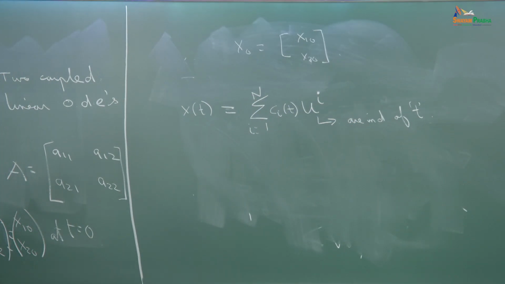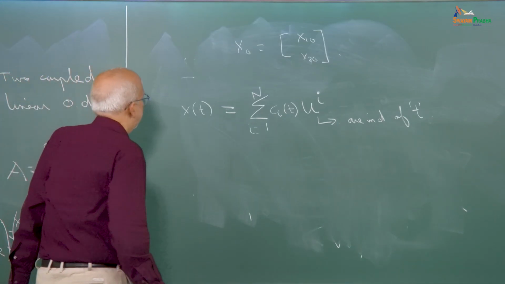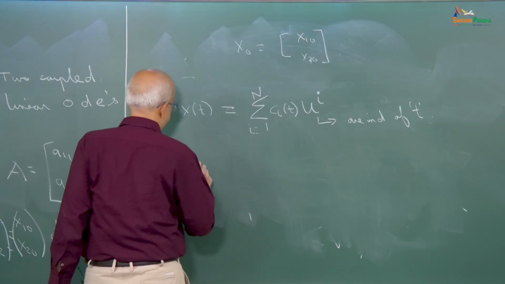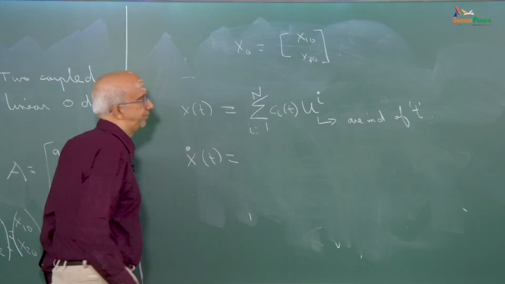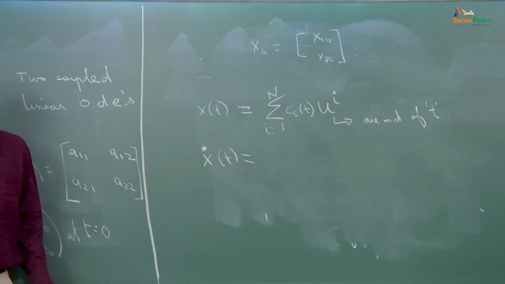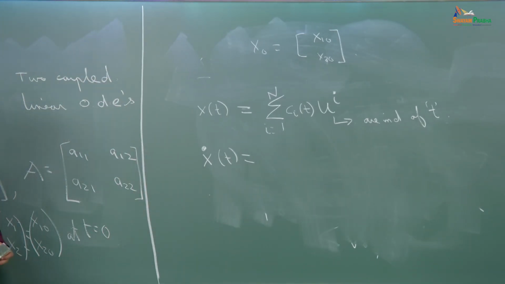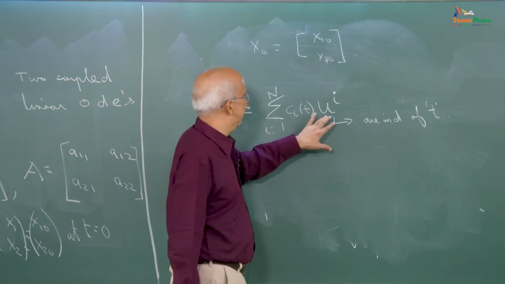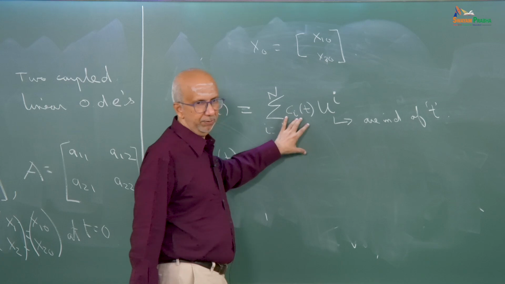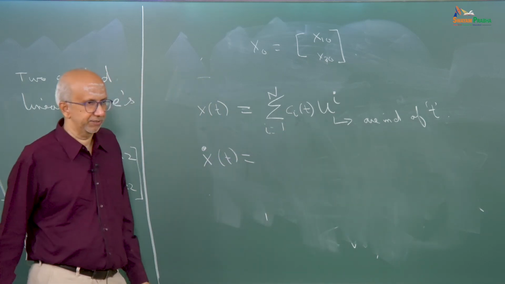So, what is x dot now? I differentiate both sides with respect to time. Is this clear? I have just written my vector in terms of the eigen basis, absorbing the time dependency in the coefficients.